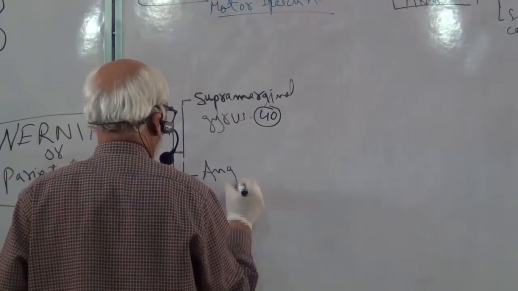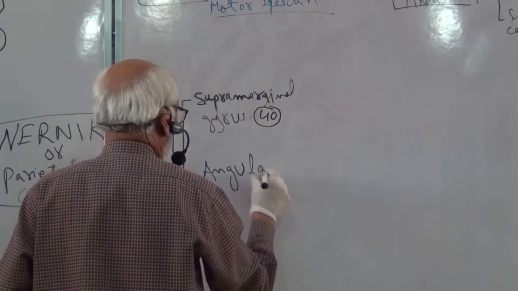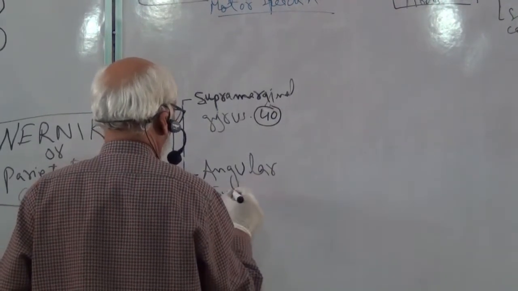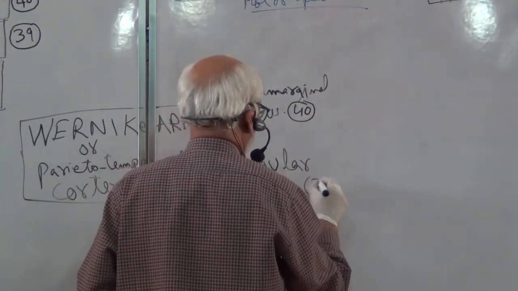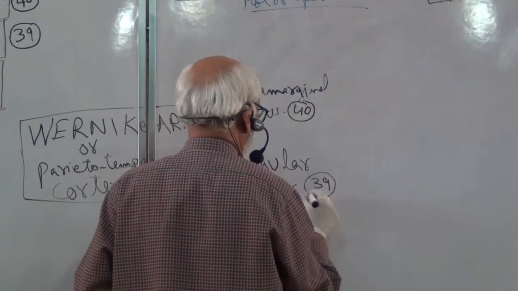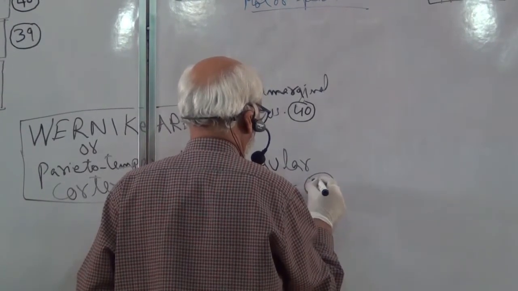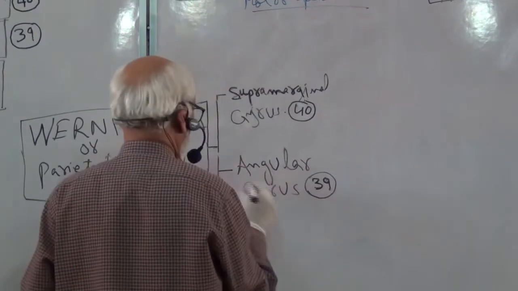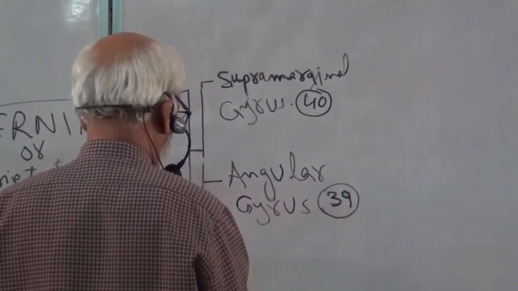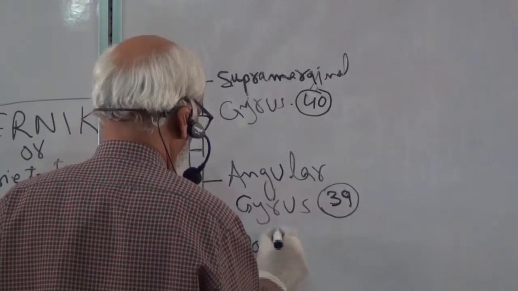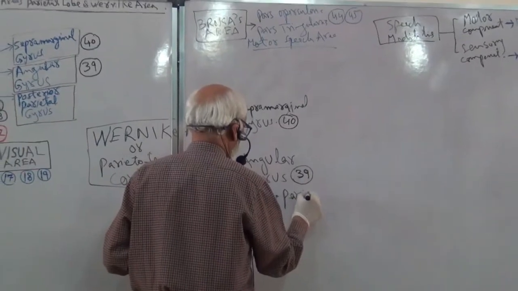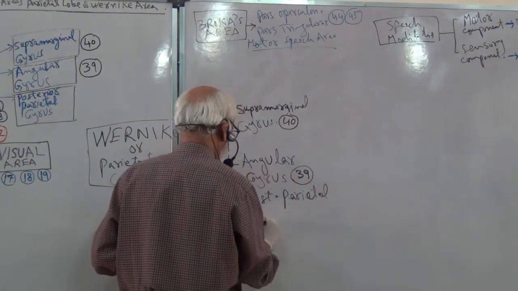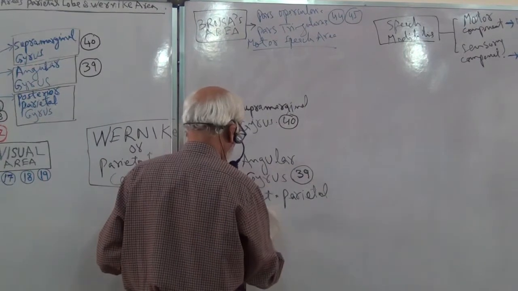Then it includes the angular gyrus, area number 39, and the posterior parietal lobule, posterior parietal gyrus.